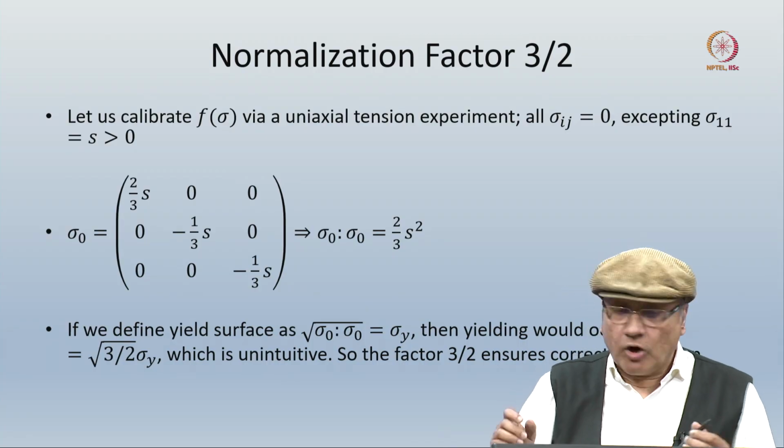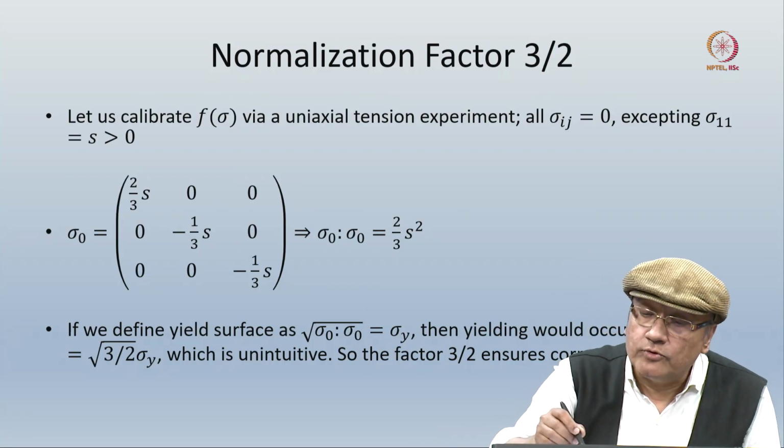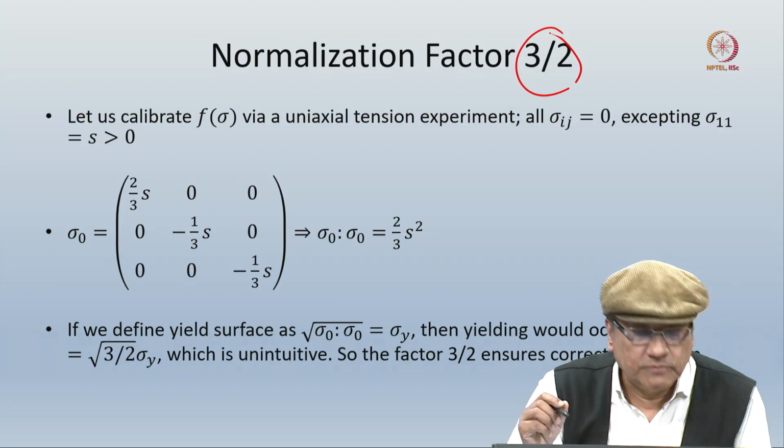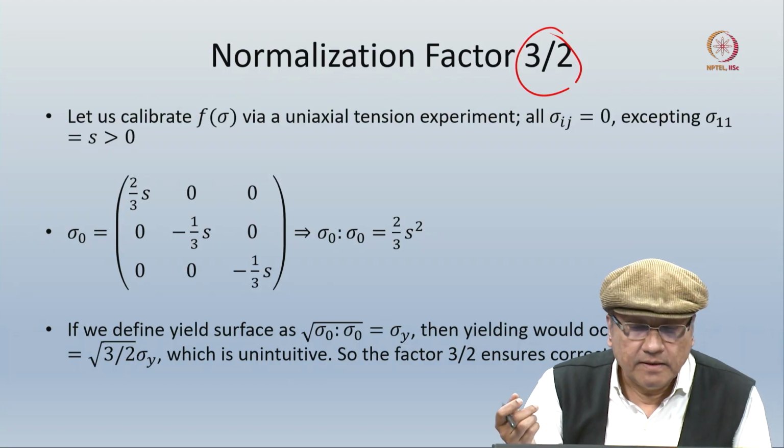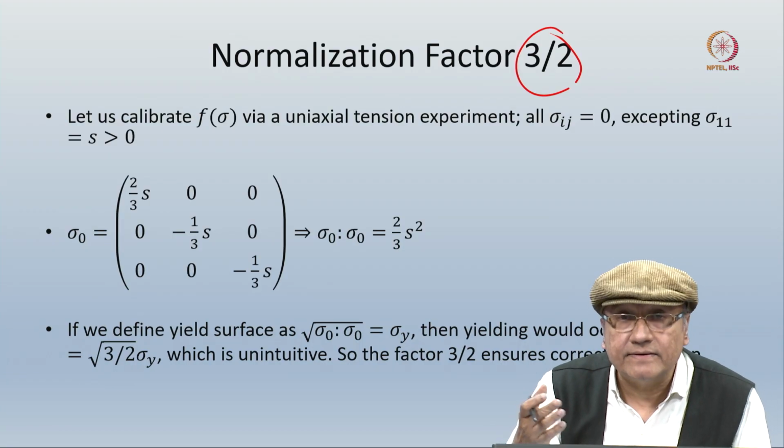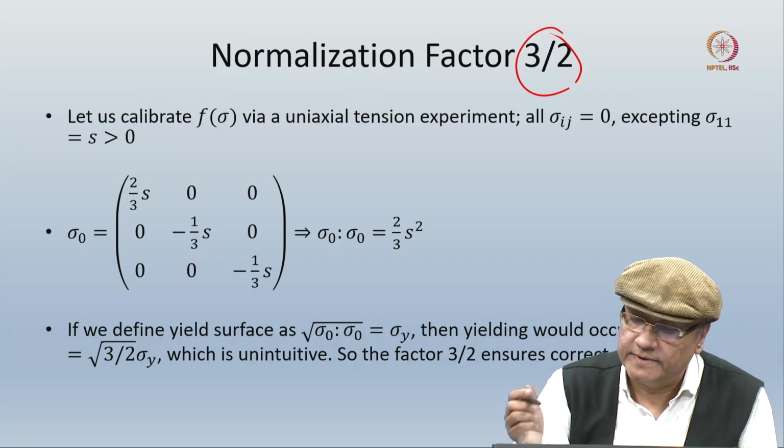Now, let us come to the normalization factor, that square root of 3/2. Where did it come from? You can see it by calibration against a standard one-dimensional tension experiment.